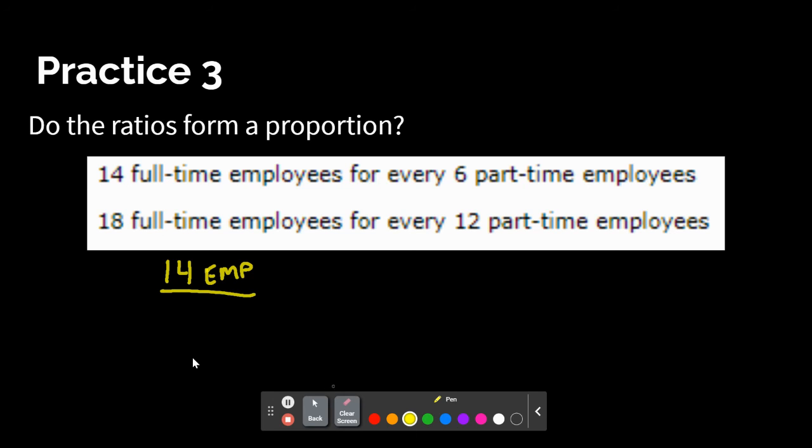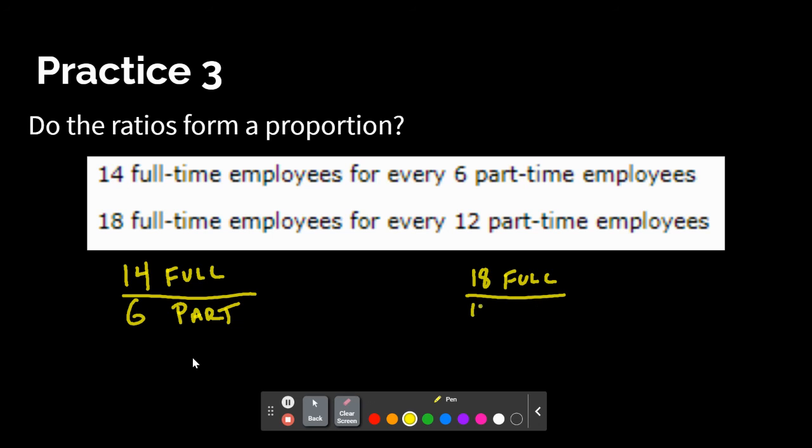Oh, that should be full-time and part-time. Just erase all there. So here we go. 14 full to 6 part. Is that ratio equal to 18 full and 12 part?